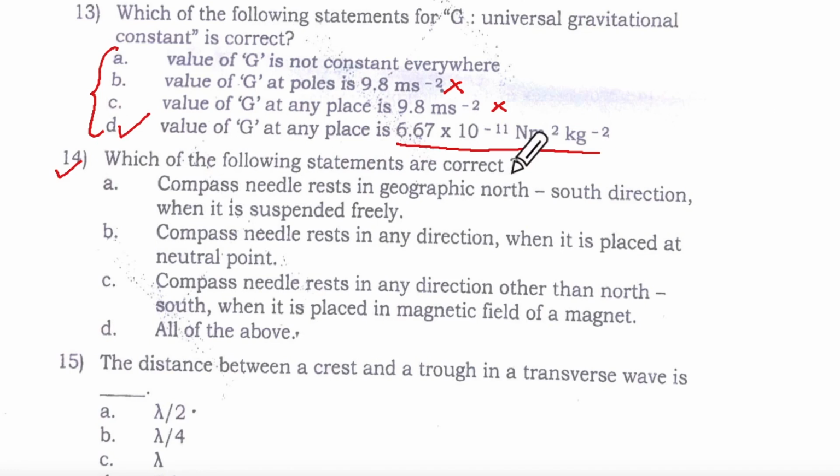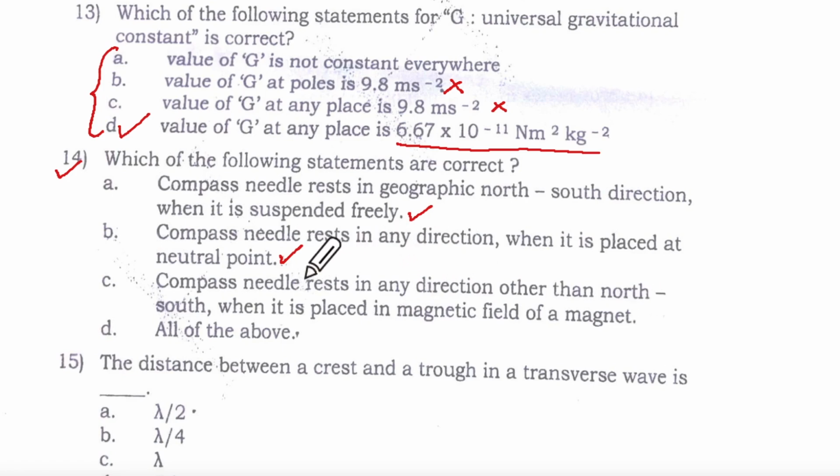Then we come to the 14th one. Which of the following statements are correct? Compass needle rests in geographic north-south direction when suspended freely is correct. Compass needle rests in any direction when placed at neutral point also is correct. Compass needle rests in any direction other than north-south when placed in the magnetic field of a magnet.